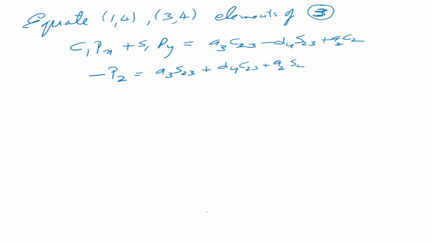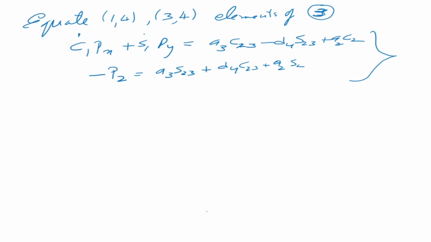So we get 2 equations, and there are 2 unknowns. What are the unknowns? One is theta 2 and the other is theta 3. Theta 1 is already known, so cos 1, sin 1 are already known.